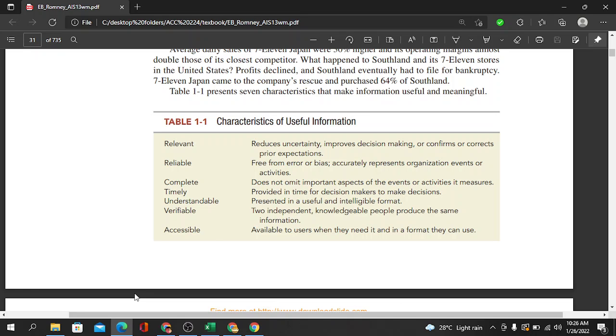The user that will read this information will wonder what about this, what about that, how good it is, how will it influence my decision. So if one of these is missing, then the information would be unuseful for the decision maker.